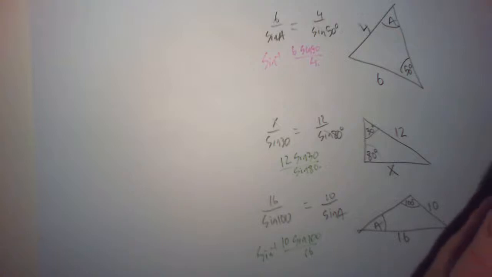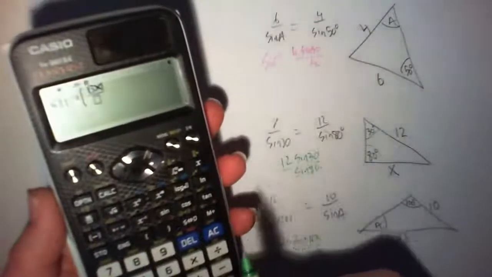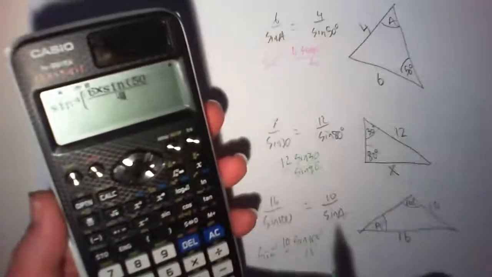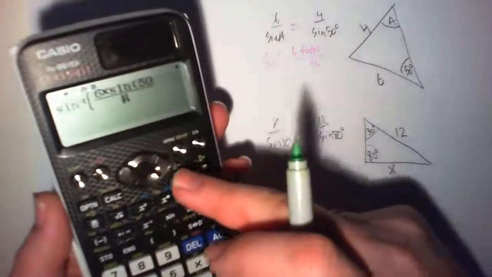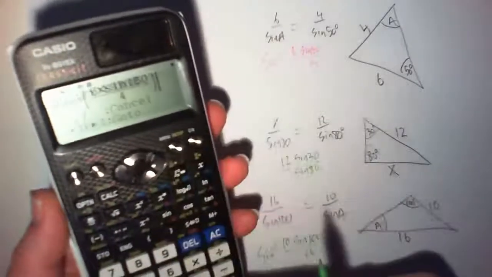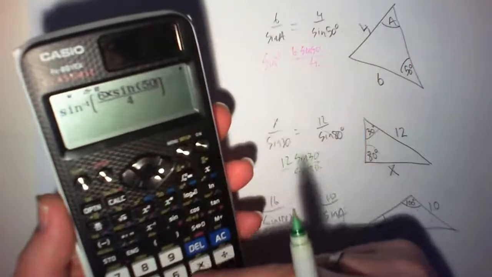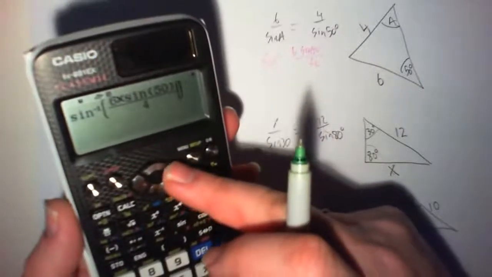So sine inverse fraction 6 times the sine of 50 over 4. I don't know why it keeps doing that. Maybe I need to close off brackets or something. I don't know. Maybe it's this bit. Right, what is going on here?